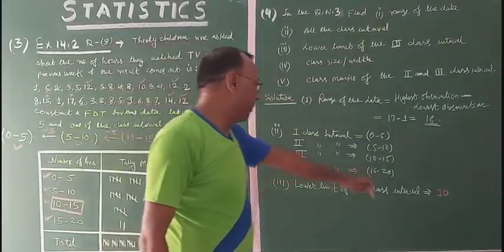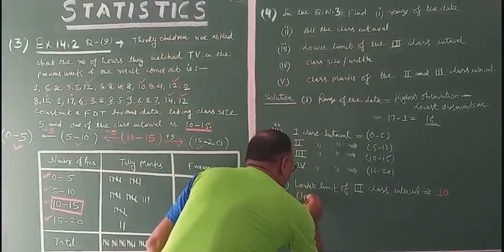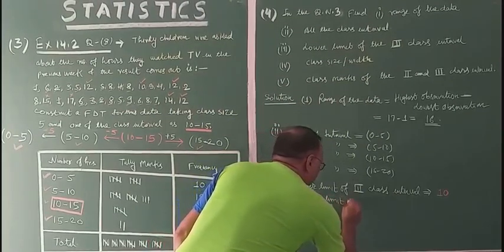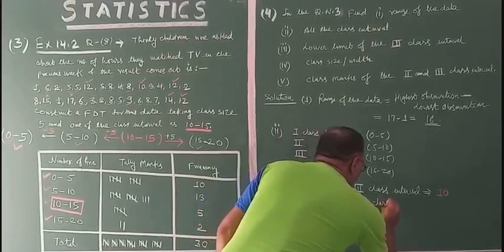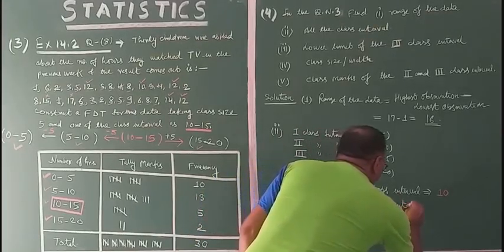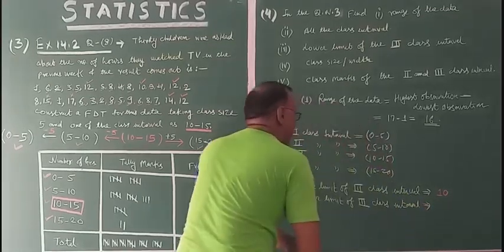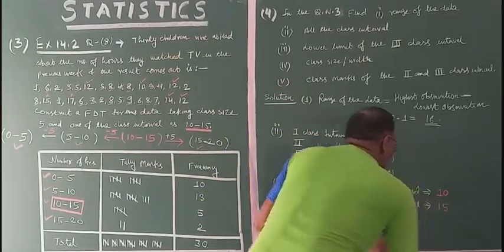And this 15 is the upper limit. Upper limit of the third class interval, that is the greatest number there, the second number, that is 15.